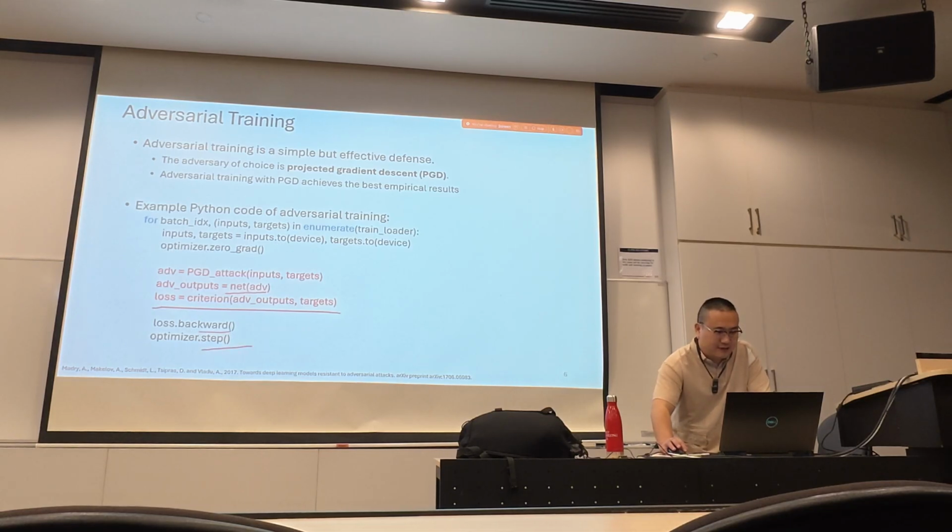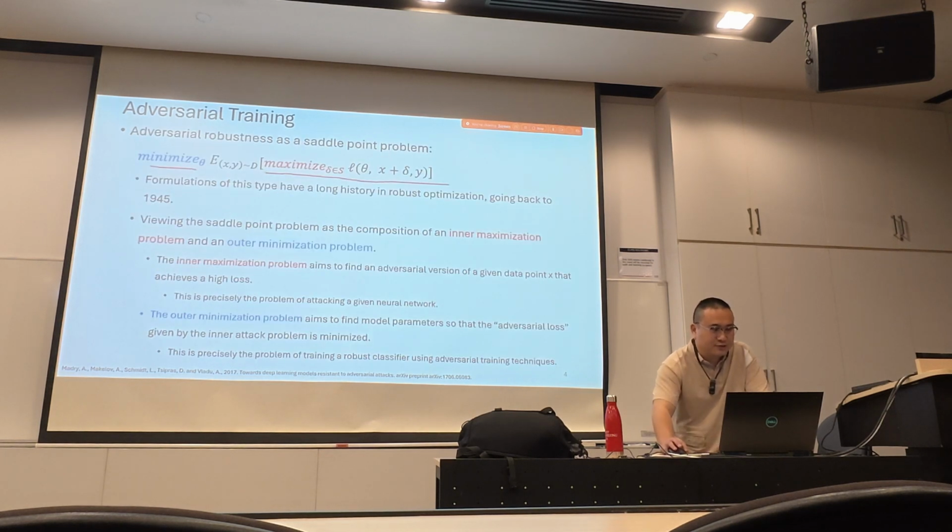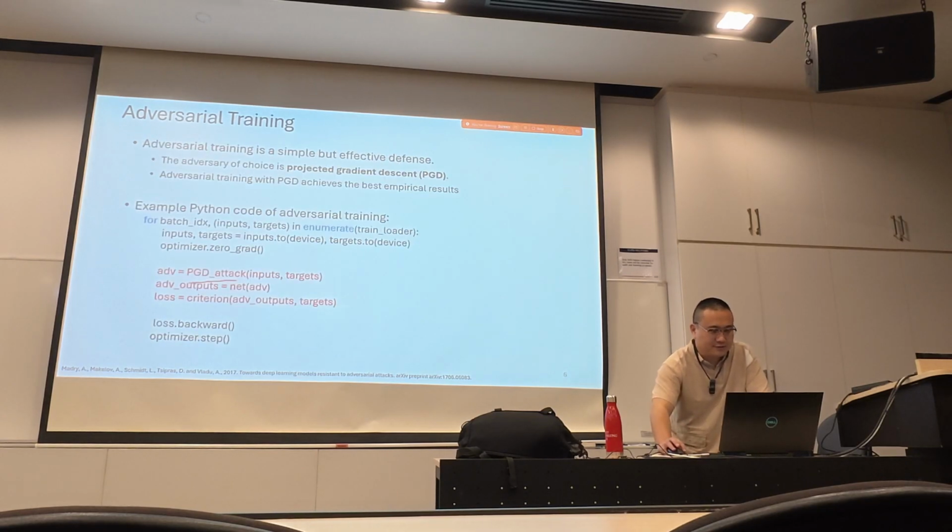Compared to normal training, normal training just doesn't have the PGD step. Instead of giving the model attacks, we just give the model clean input. But for adversarial training, we give it attacks. This is associated with the saddle point formulation. When we train the model, we train it using attacks instead of clean input. During implementation, this can be easily achieved by generating attacks during the iteration of training.